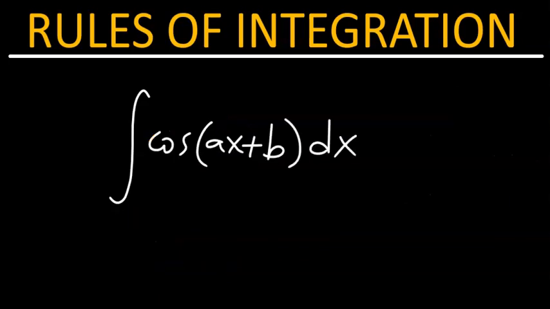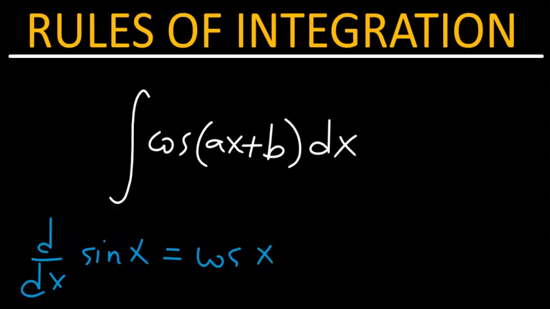Another class of function that we are interested in in this video is the trigonometric function. So assume that you want to integrate this function. Since in differentiation we learned that when you differentiate, say, the sine function, you get the cosine function, when you integrate cosine, you should get sine.